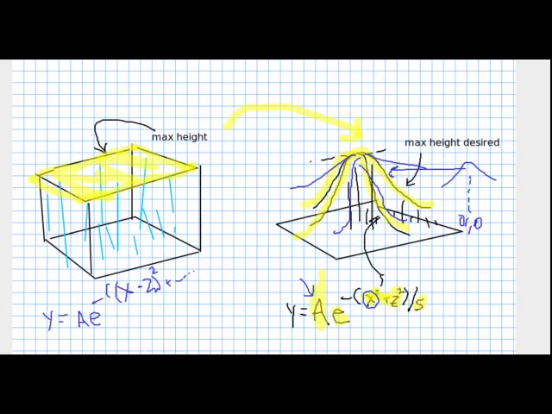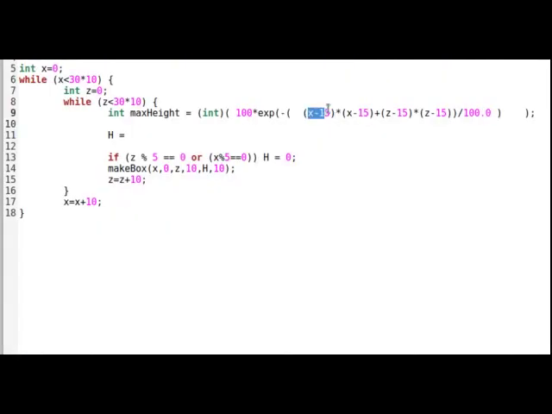So in my example here, I've shifted it 15 units to the right, and 15 units in and out, because I've changed the x value by shifting it and changed the z value by shifting it.